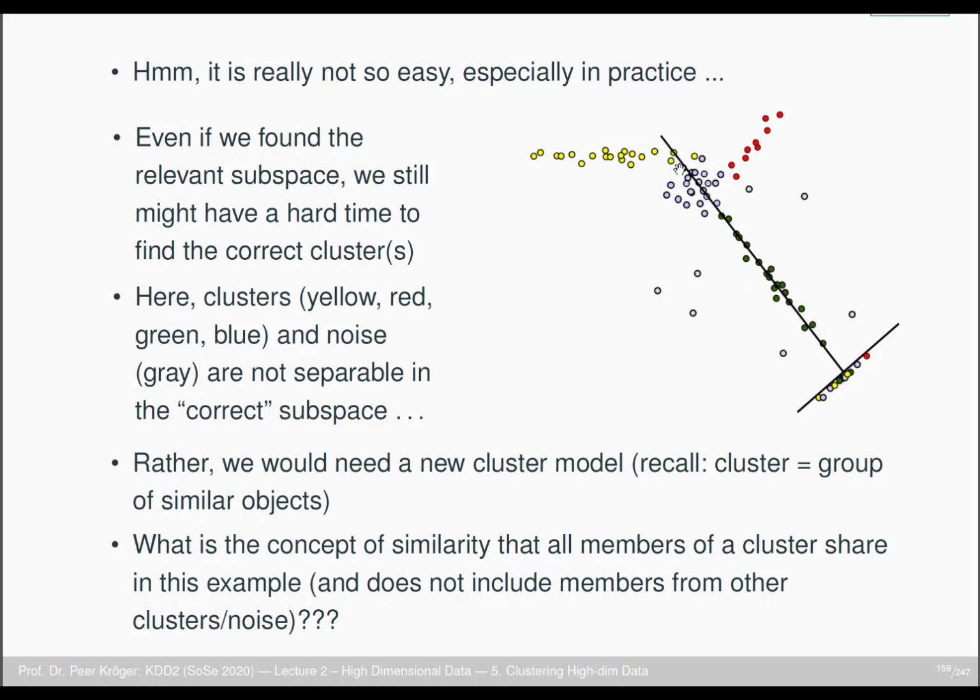But still, if we project that on this perpendicular subspace, on the relevant subspace for the green one, we will still have a very hard time to find the green cluster, or at least distinguish the green cluster from the rest here. So clusters and noise are not really separable in the correct subspace. The same holds true for the red one, which is somewhere here, and maybe even for the green one, which is maybe here.